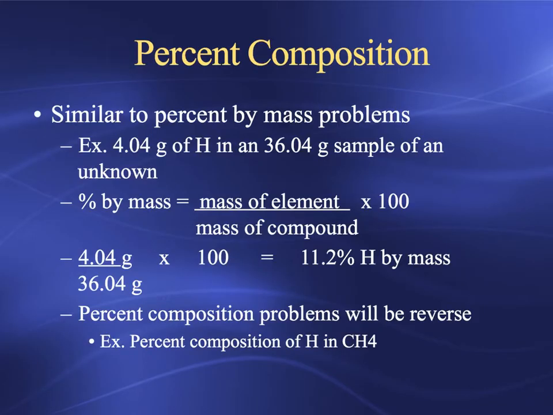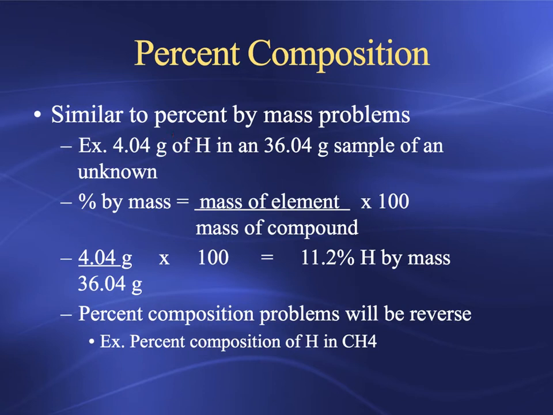Okay, so percent composition problems. These are actually going to be very similar to problems from Unit 2 that were percent by mass problems that most of you did fairly well on. So remember, going back to Unit 2, an example of this would say something like 4.04 grams of hydrogen in a 36.04 gram sample of an unknown compound.